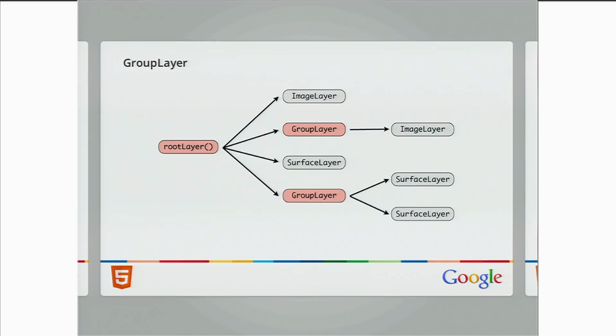Group layers are exactly what they sound like. They're an aggregator node. So the group layer is your hook into being able to make a tree of nodes. And the one layer that's owned by the PlayN system is the root layer. The root layer itself is a group node, and all your layers will be children of it. Group layers have nice functionality. Actually, every layer, including group layer, has methods that allow you to transform it around, which will transform all its children, to set its visibility and that kind of stuff.